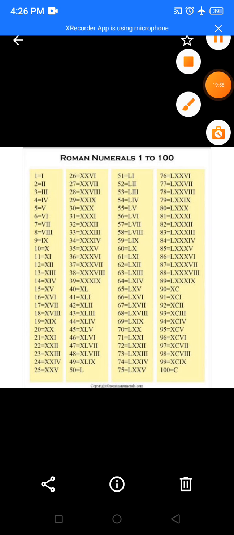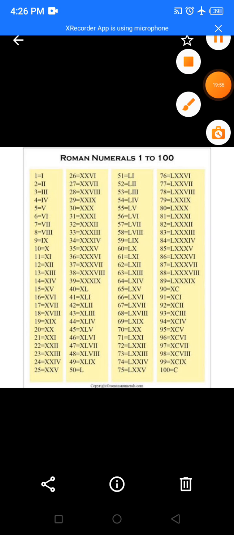Okay. Now children, look at the question number C. Now question number C is 74. How will you write 74? Just break it into tens.